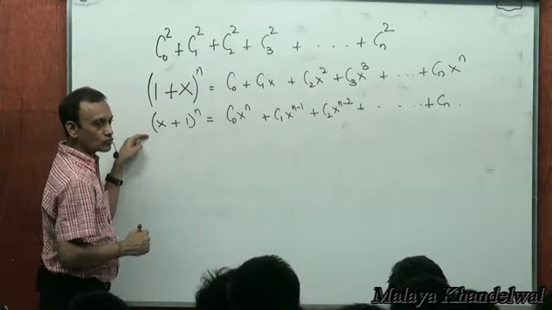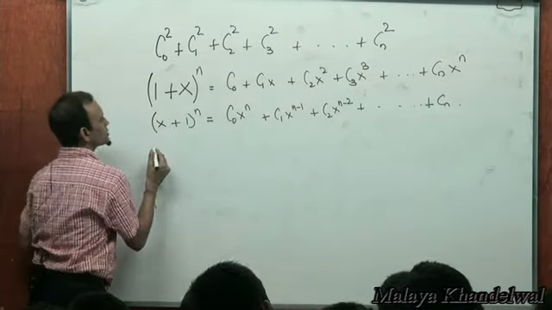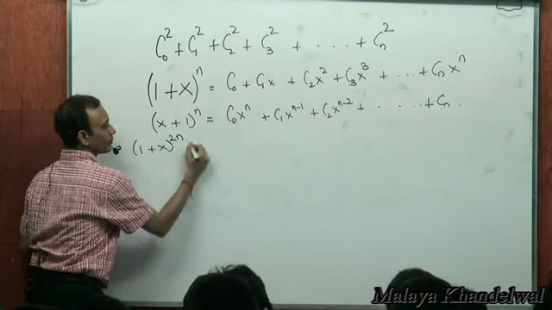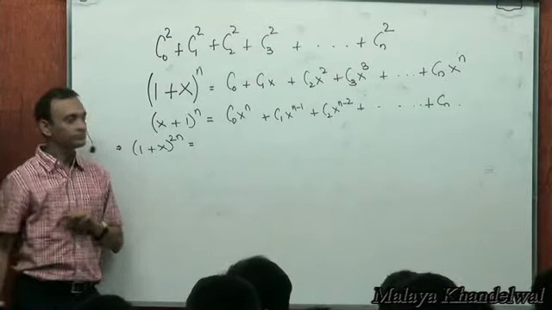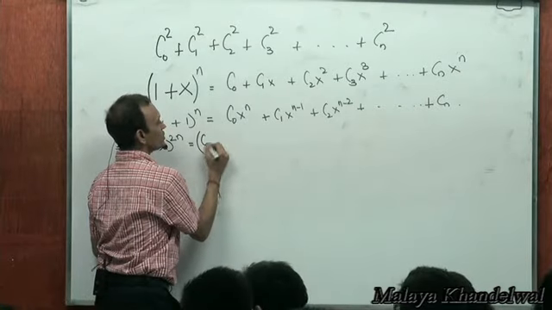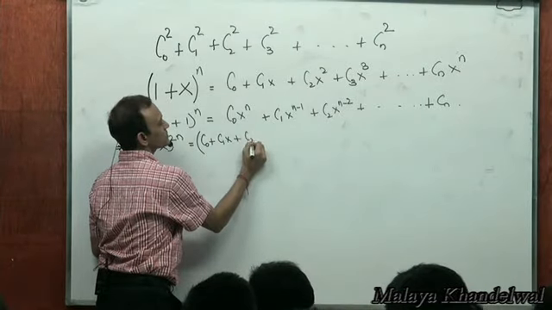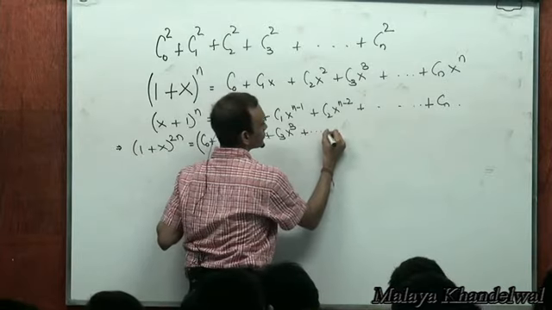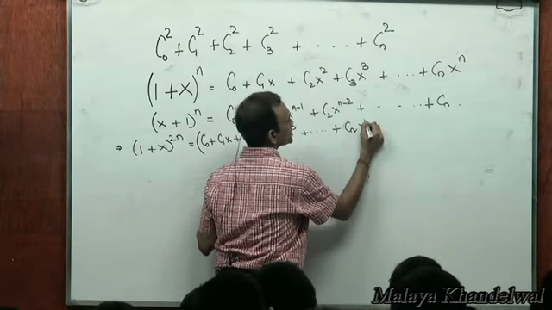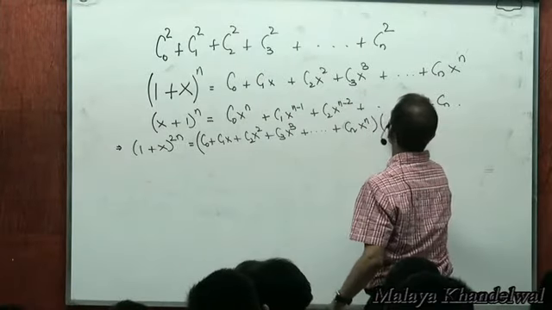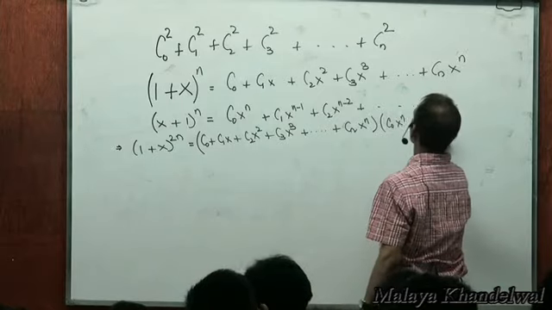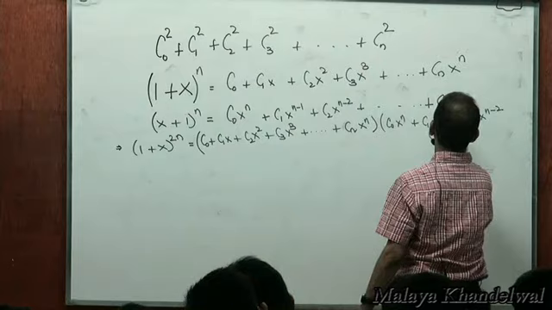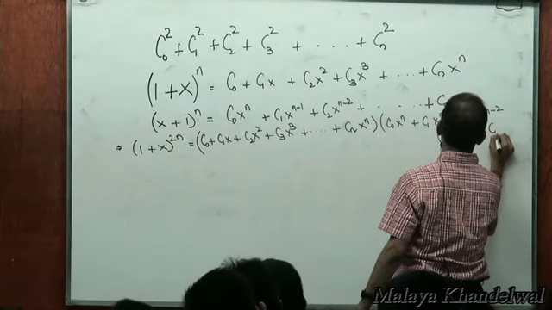I multiply these two out. When I multiply these two out, I get (1+x)^2n. And that must be equal to c0 plus c1x plus c2x squared plus c3x cube and so on, into x^n times c0 x^n plus c1 x^(n-1) plus c2 x^(n-2) plus ... plus cn.